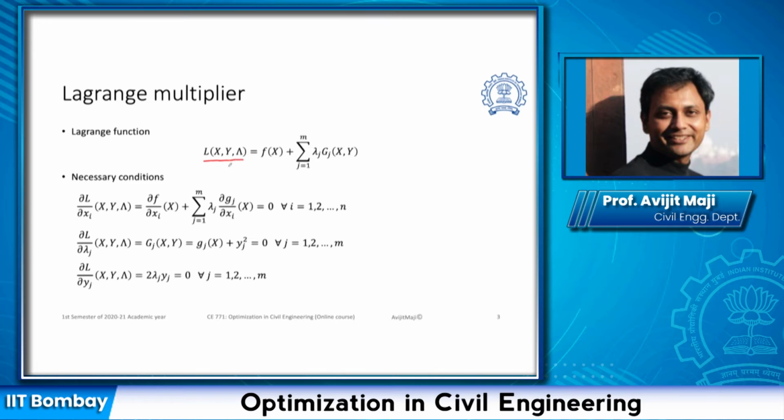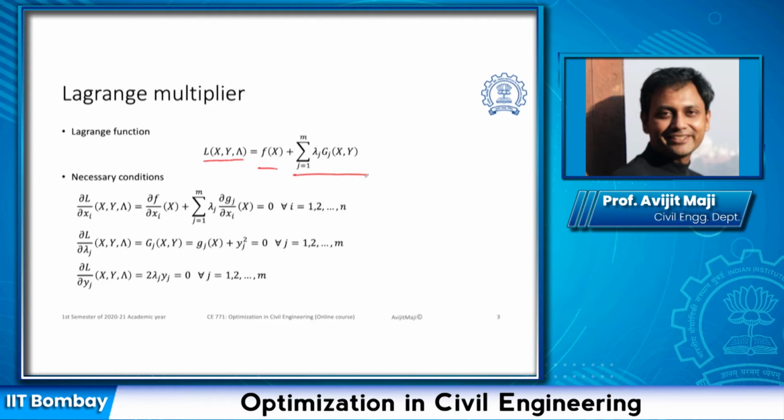Y takes care of the inequality constraint, converting it into an equality constraint, where Y represents the slack variables, and the function is going to be f of X and the summation of each of the constraints which we have, and it looks very similar to our equality constraint multivariable optimization problem.